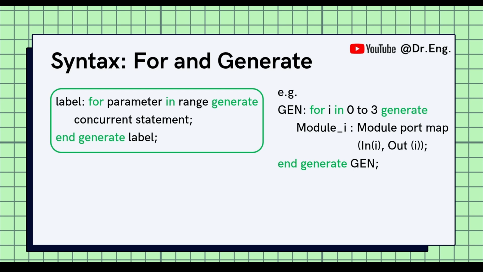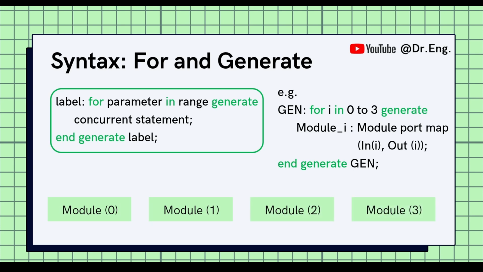Inside the loop, we are generating 4 instances of a module, named module_I. The loop runs from I equals 0 to I equals 3, and for each iteration, it maps the inputs and outputs of the module to different signal values in and out. Think of it this way: each generate loop creates a new module instance, and automatically connects it to a different part of the design based on the loop index I.